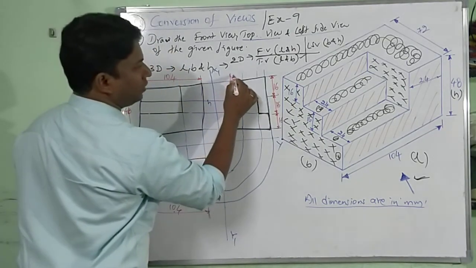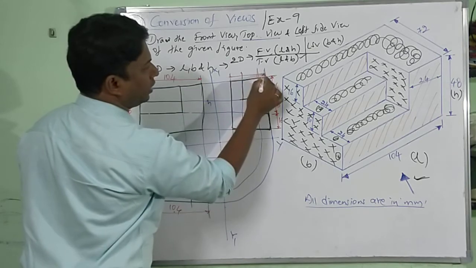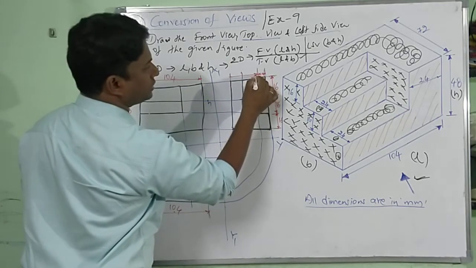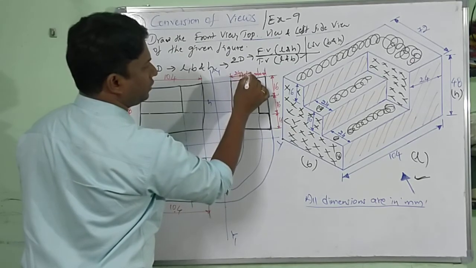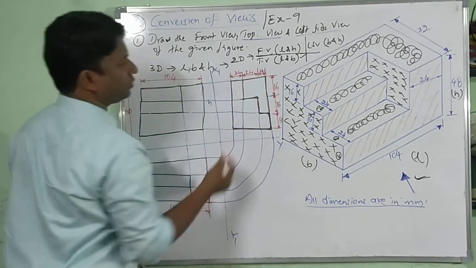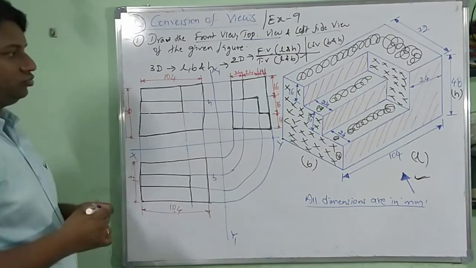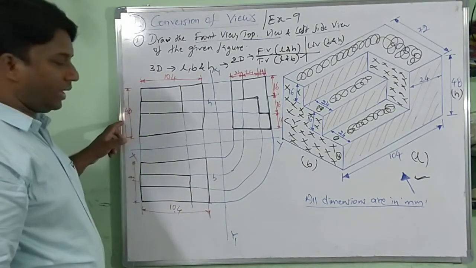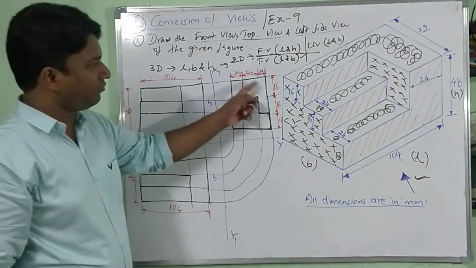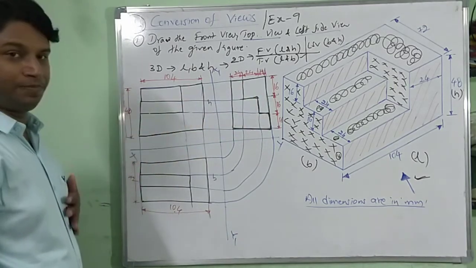Now here, try to draw lines and arrow marks. 24, 24, 24. 72 total. See, finally I have covered length and height, length and breadth. Here instead of breadth and height I have given the split ups.